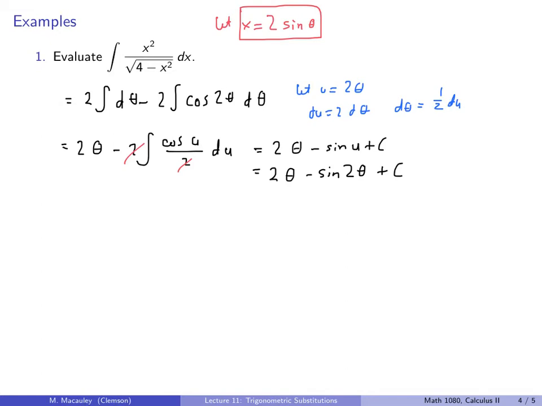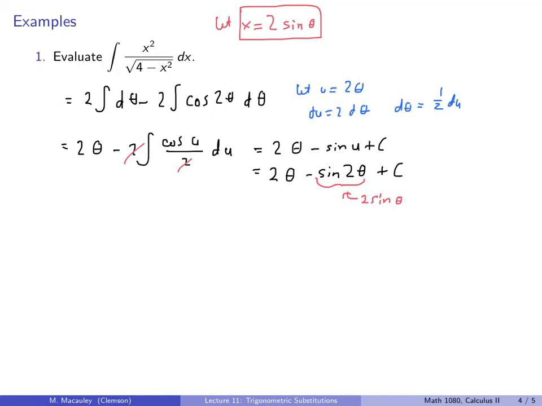Okay, so I still need to go back to x. Theta was not my original variable, so I need to back substitute once again. First of all, I'm going to use a double angle formula to get rid of sine of 2 theta. I want to write everything, as we'll see, in terms of sine theta and cosine theta. Remember, there's the double angle formula: sine of 2 theta is equal to 2 sine theta cosine theta.